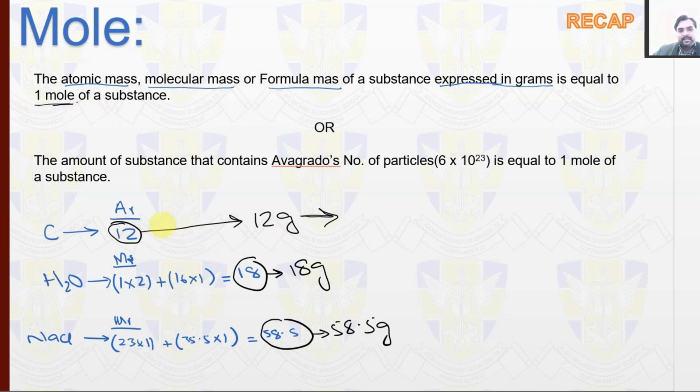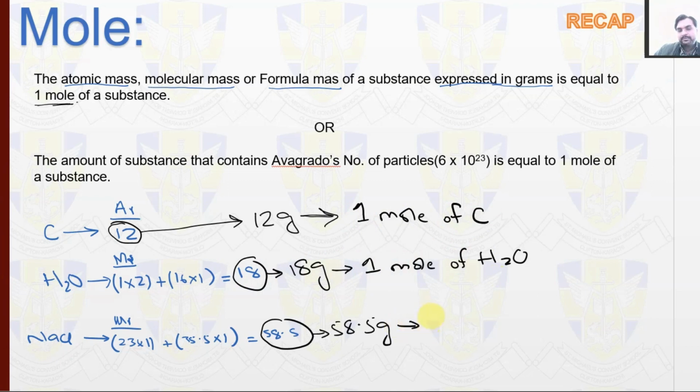So if I say I have 12 grams of carbon, which is the atomic mass of carbon expressed in grams, it is equal to 1 mole of carbon, right? Similarly, for water you have 18, but when you express this in grams it becomes 18 grams, and now 18 grams of water is equal to 1 mole of water.